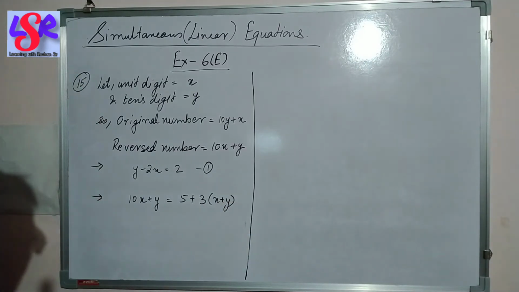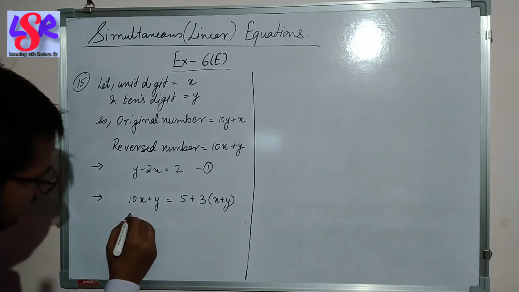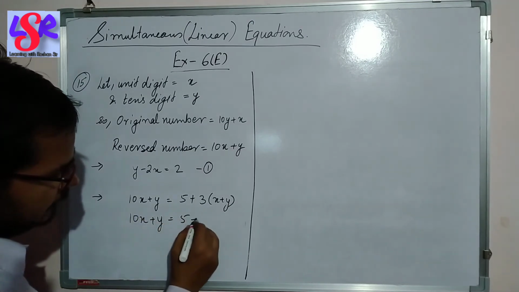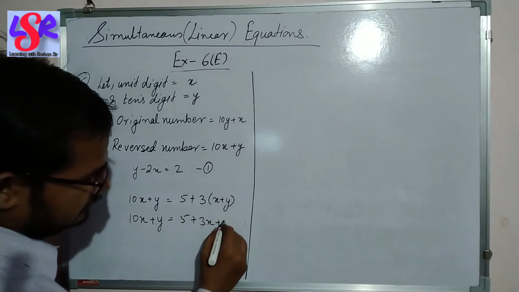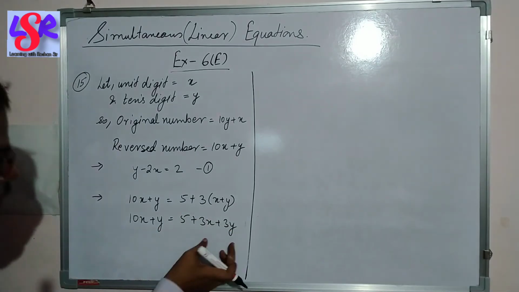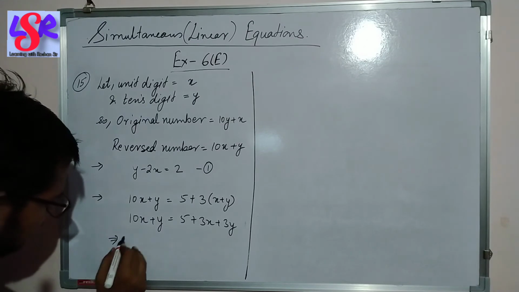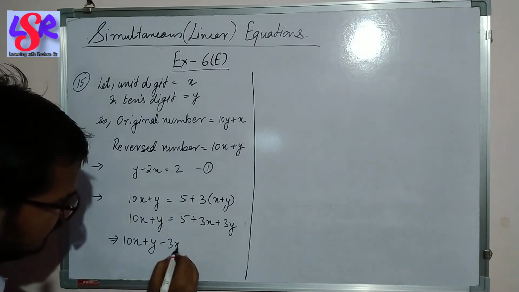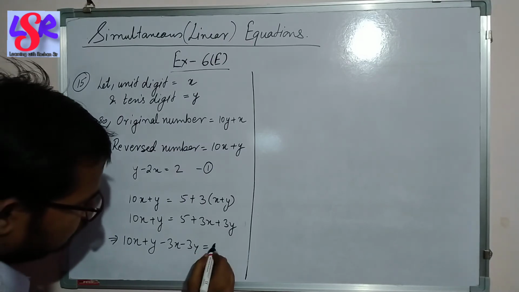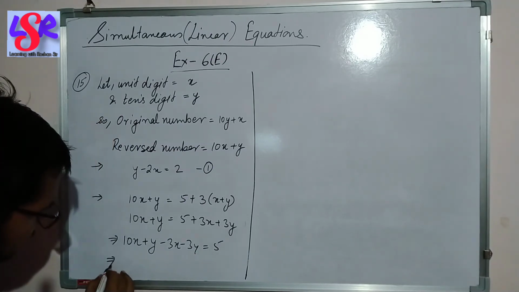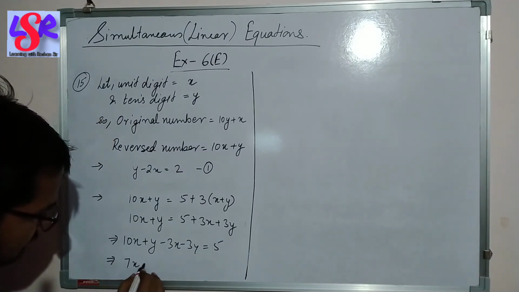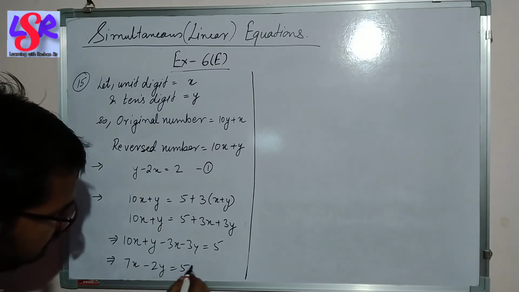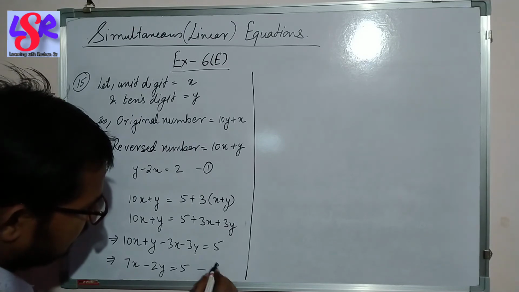Now solve it, and on solving we get 10x plus y equals 5 plus 3x plus 3y. Now put all the variables on this side and this will become 10x plus y minus 3x minus 3y equals 5. And here it will be 7x minus 2y equals 5. And this is your second equation.